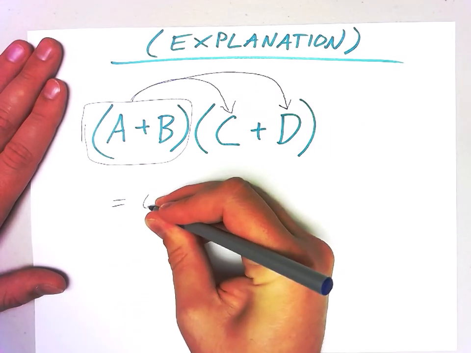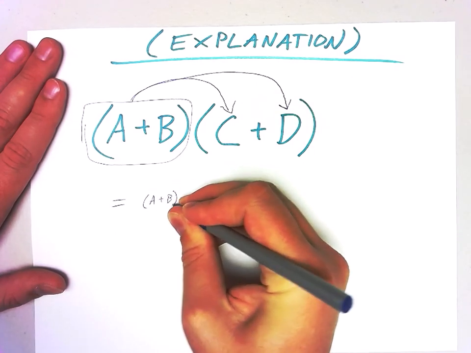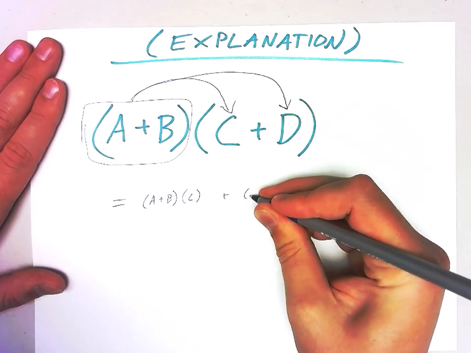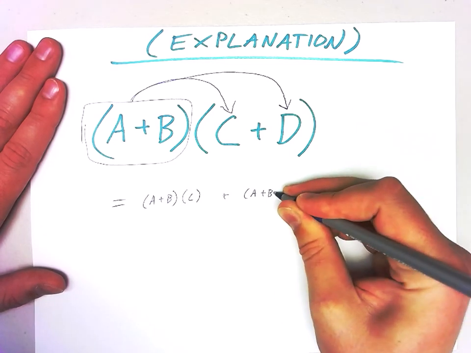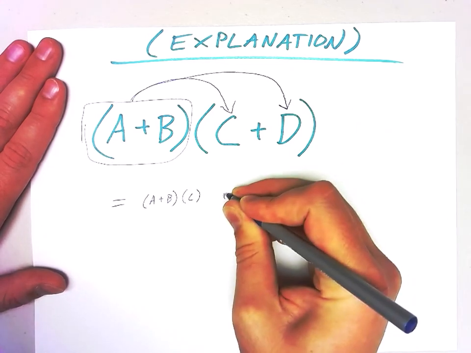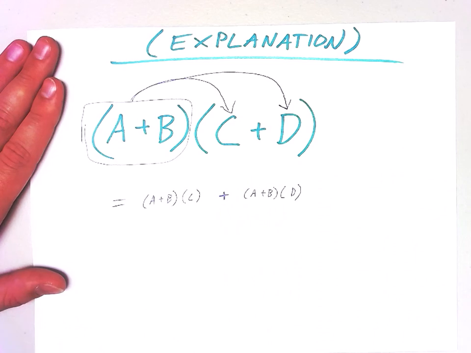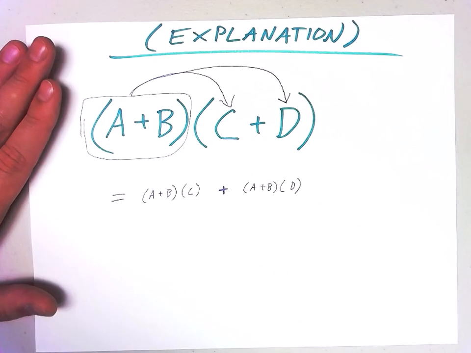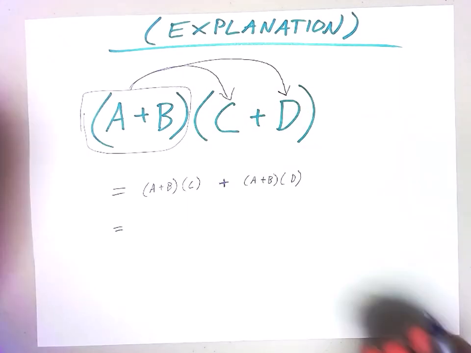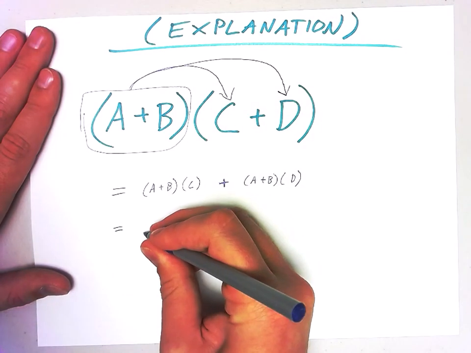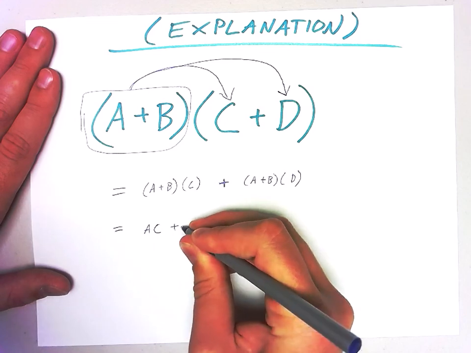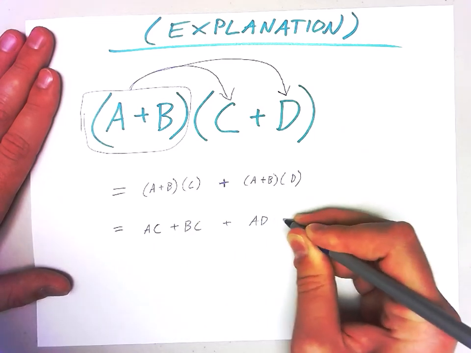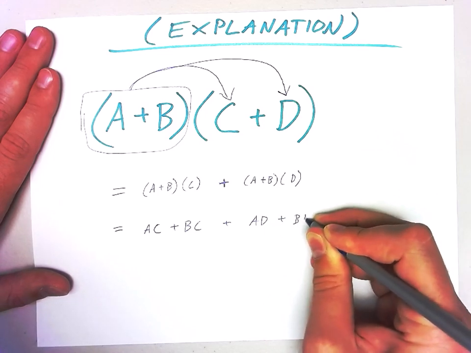So we get A plus B times C and A plus B times D. So that is purely just the distributive property. Okay, and then we did the distributive property again and said that's A times C plus B times C plus A times D plus B times D.